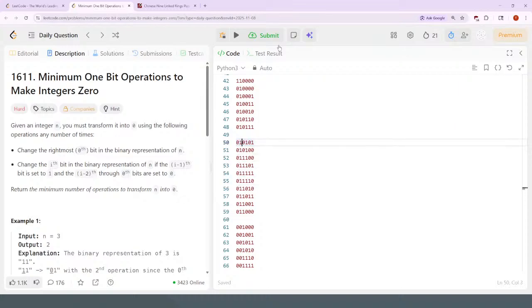So if I ignore the starting 0, 1, because that's just constant, right?